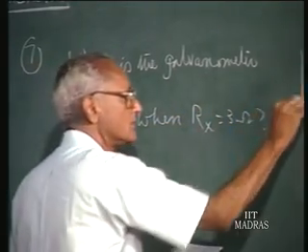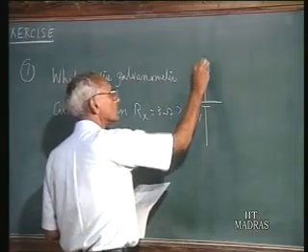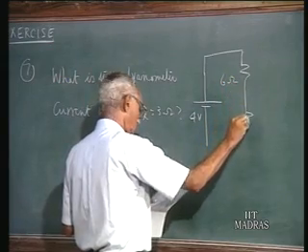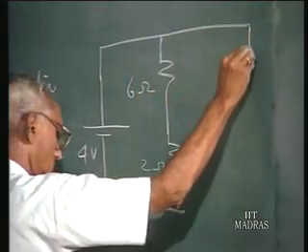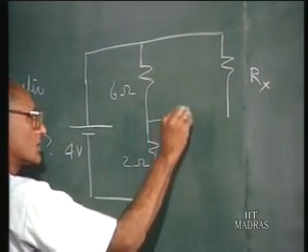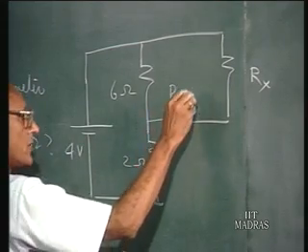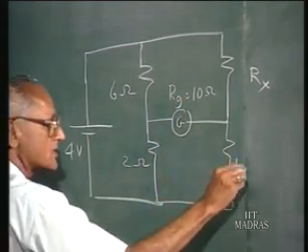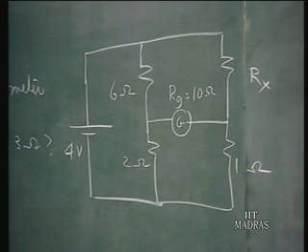The circuit is, we have a 4 volt source here, a 6 ohms resistor, another 2 ohms resistor, and you have a resistance Rx, unknown resistance, a galvanometer whose resistance is 10 ohms, and a 1 ohm resistor. So find out the galvanometer current when Rx is equal to 3 ohms.